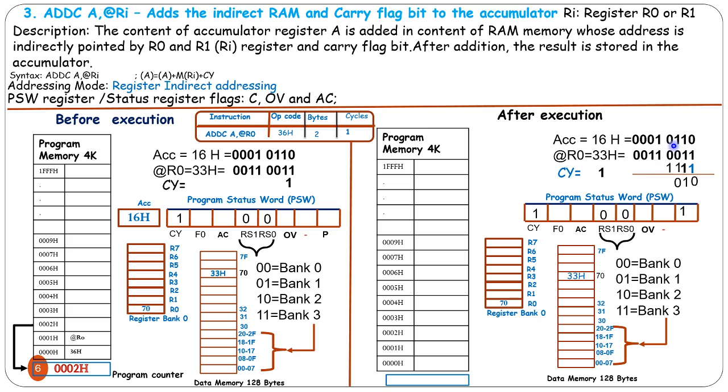Now here 0 plus 0 plus 1, sum is 1 only, no carry. So 1 plus 1, sum will be 0, carry will be 1. Sum 0, carry is 1. Now here 0 plus 1 plus 1, that is sum 0, carry 1. And here 0 plus 0 plus 1, sum is 1, no carry generated. So 0 plus 0, sum will be 0.